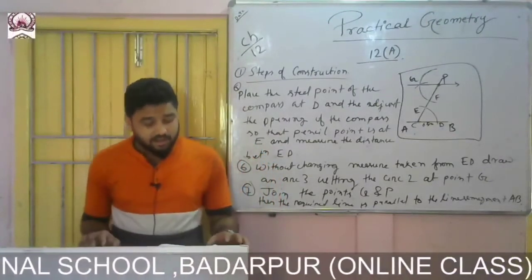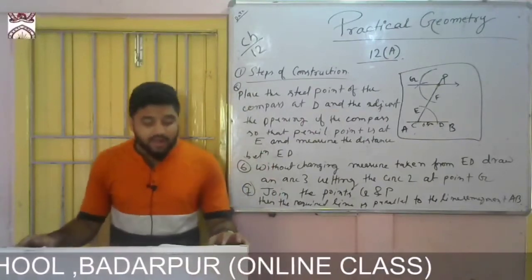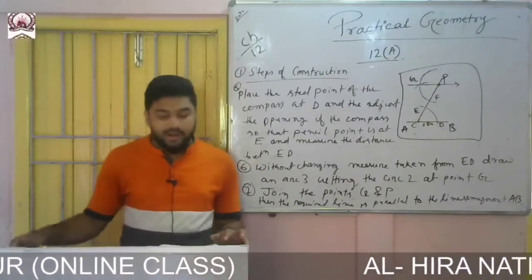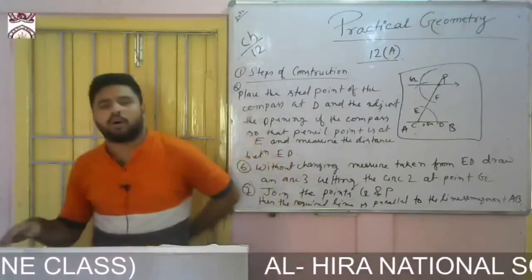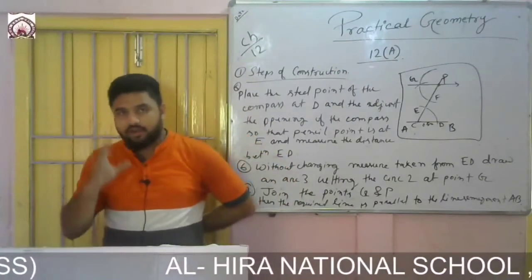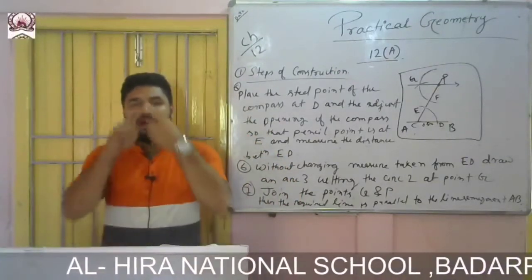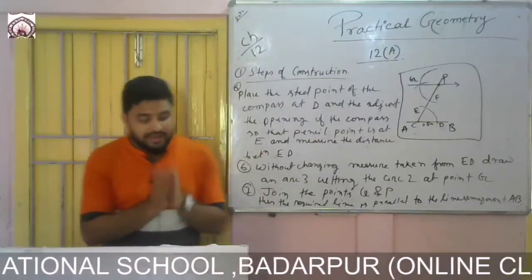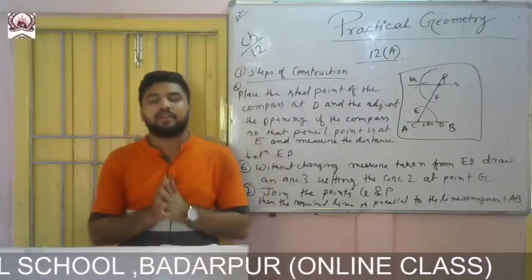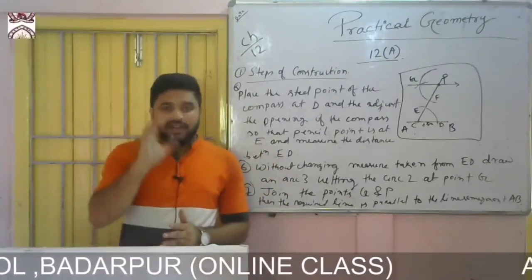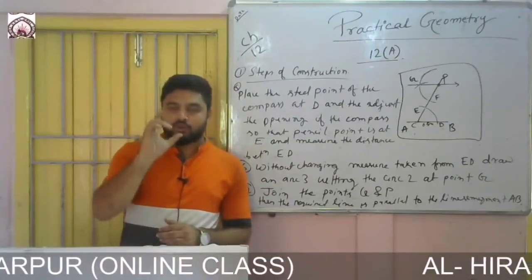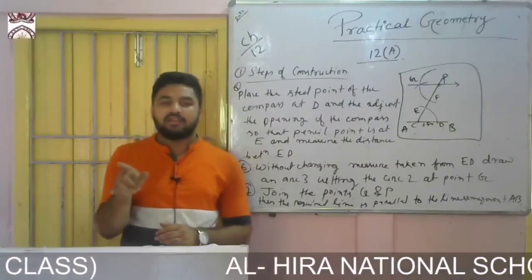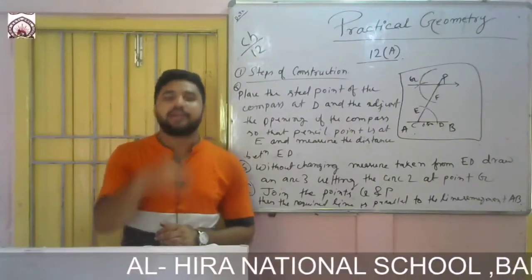So now come to question number 2. Draw any triangle ABC. Draw the line parallel to BC. That means we have to draw a triangle, and the name of the triangle is given, triangle ABC. First you draw a triangle ABC and through vertex A you draw a line which will be parallel to the line BC.